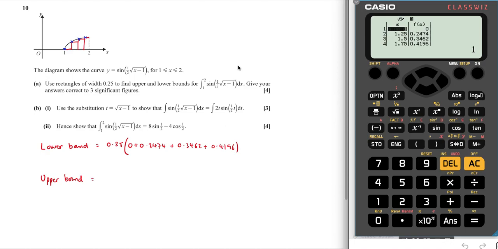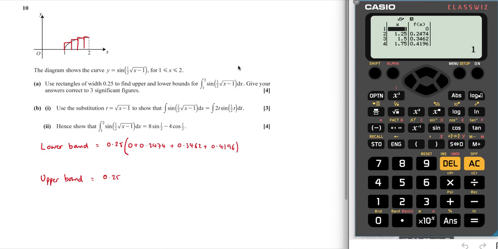So my upper bound is going to be a similar sort of thing, but when I draw my rectangles in, instead of doing everything on the left hand side, my rectangles are looking like that. So you can see I've got a slight over approximation.